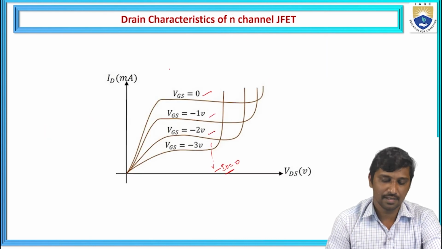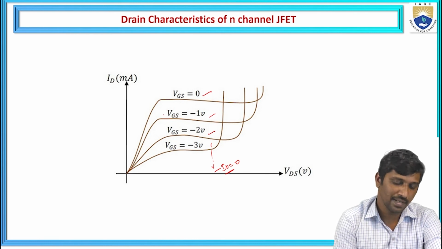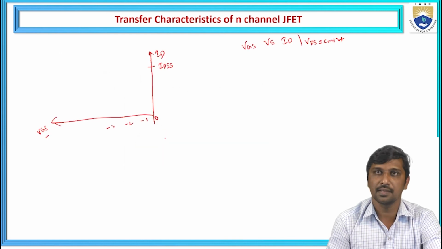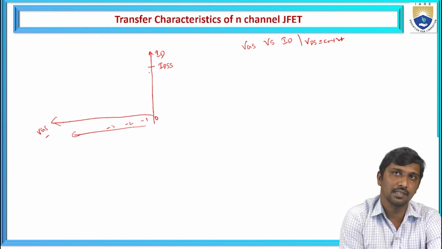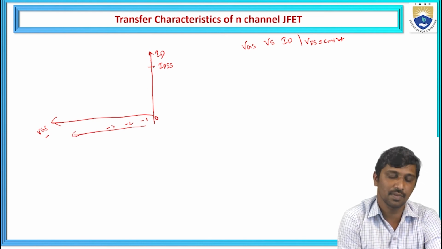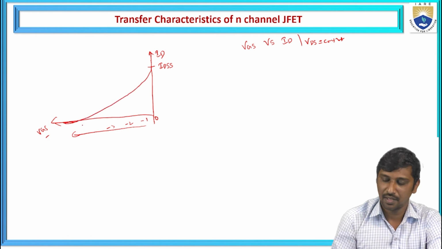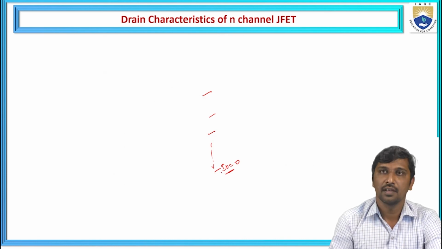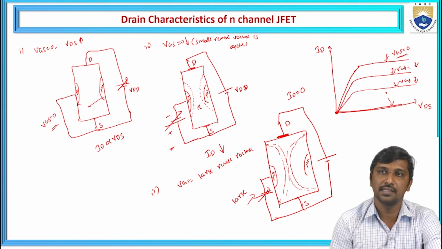Again, if you observe these characteristics, as VGS decreases from 0, the drain current also decreases. Hence, if VGS is decreasing from 0, the drain current decreases from the maximum current, slowly decreasing. At a very large reverse voltage, if you observe the previous slide, the depletion region completely occupies the channel.